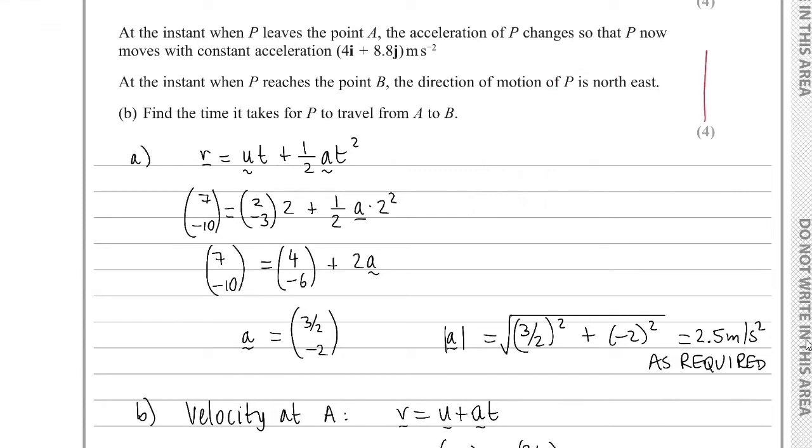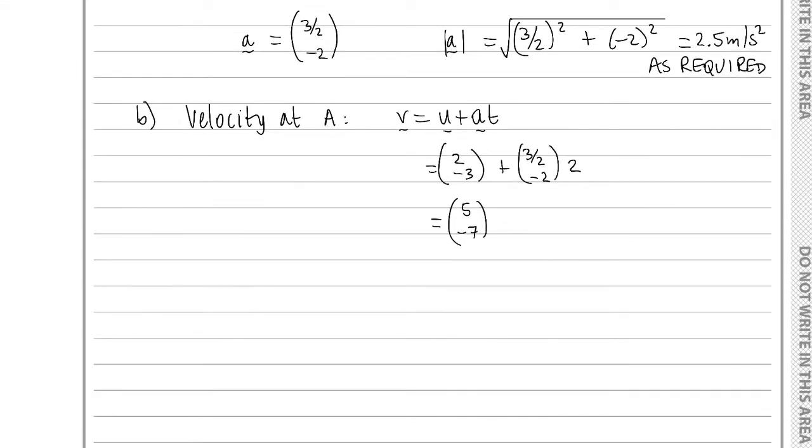So if we just consider what that means, if I'm moving northeast, I'm moving parallel to 1, 1. So I'm going diagonally northeast. So we have the acceleration, we've got the initial velocity, and what we could do is use V is U plus AT again.